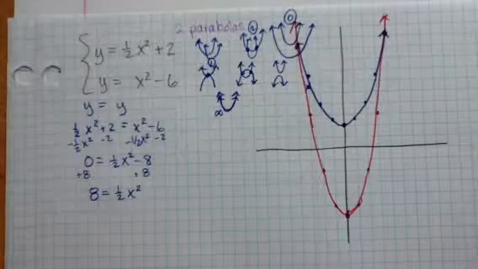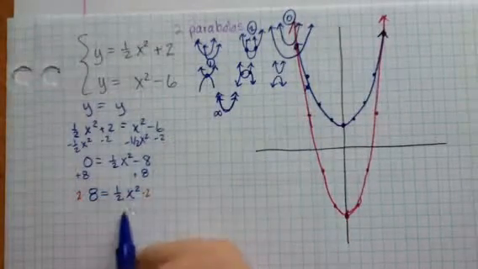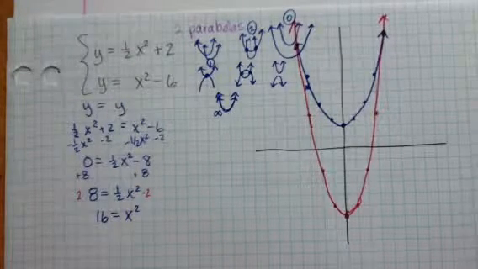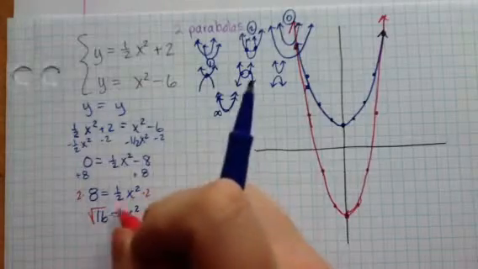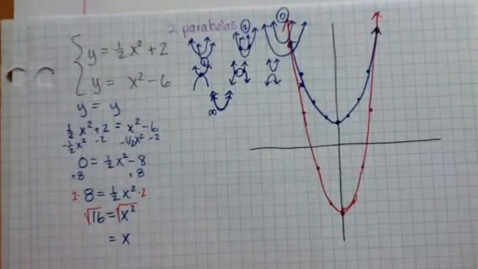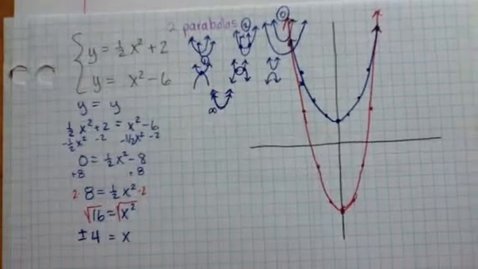Then multiply by 2 to get rid of the 1/2, so x squared equals 16. Then take the square root of both sides, and don't forget the plus and minus: x equals plus and minus 4.